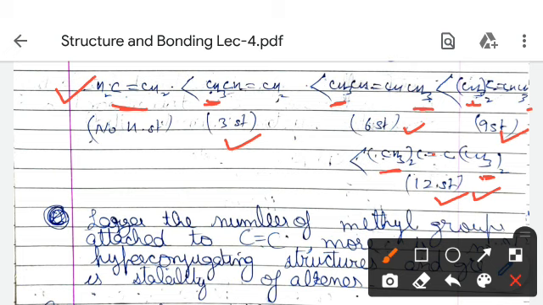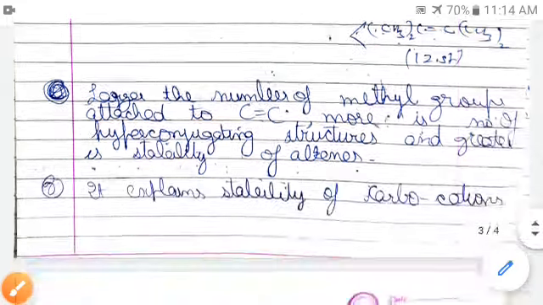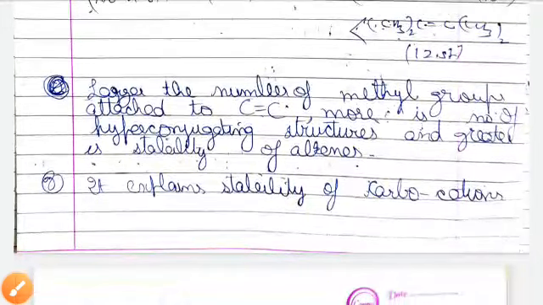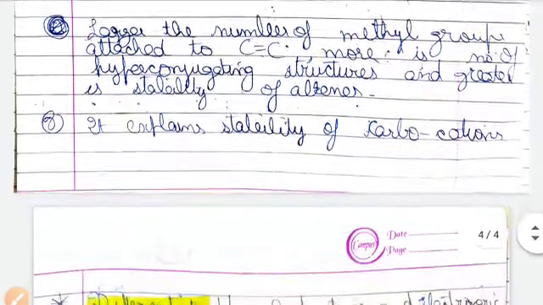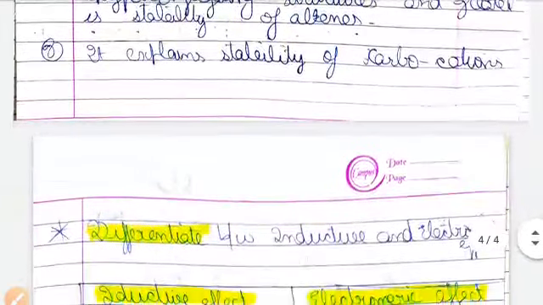So the alkene with 12 structures is most stable, then with 9, then with 6, then with 3, and then with no hyperconjugating structures. That is, the larger the number of methyl groups attached to the carbon-carbon double bond, the more the number of hyperconjugating structures, and the greater is the stability of alkenes.